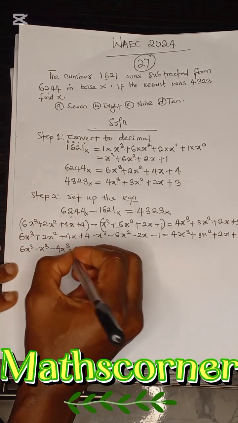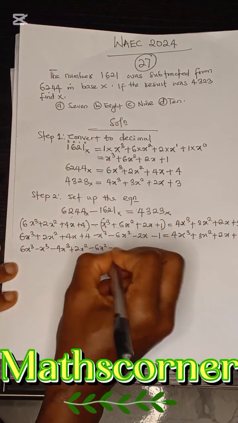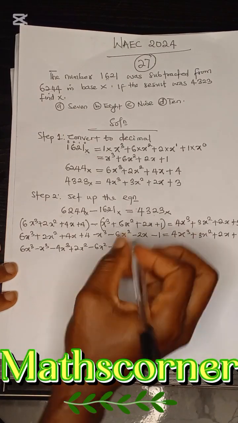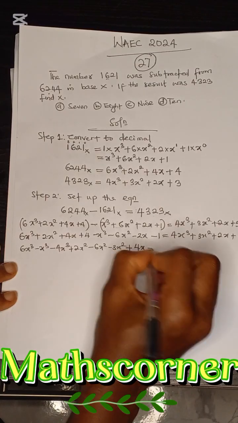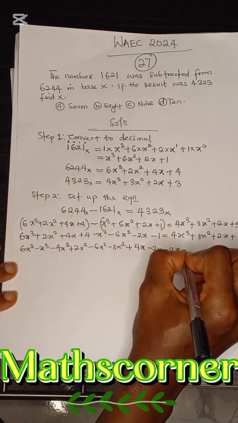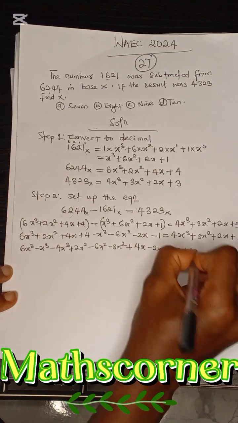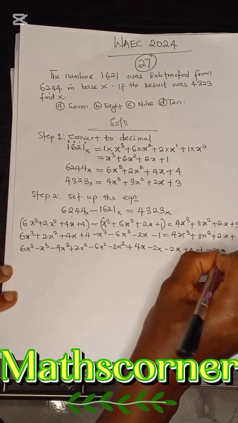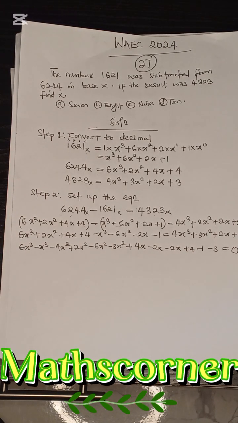Now to x squared, we're having plus 2x squared minus 6x squared minus 3x squared. Over to x, 4x minus 2x minus 2x. Then over to the constant, the one without a variable, plus 4 minus 1 minus 3. Then we equate it to 0. Wow, it's getting more beautiful.